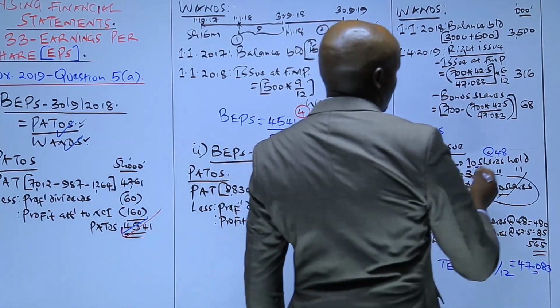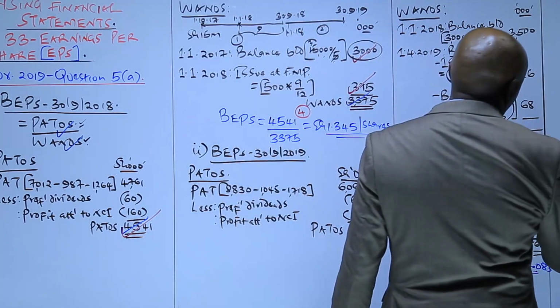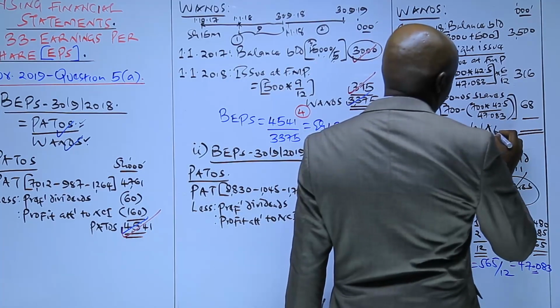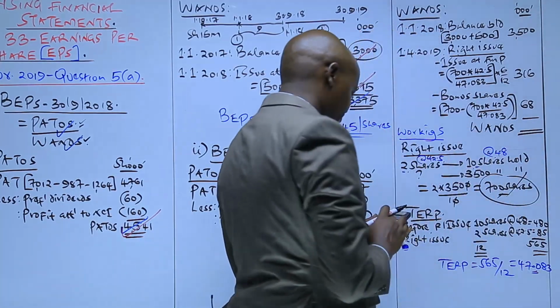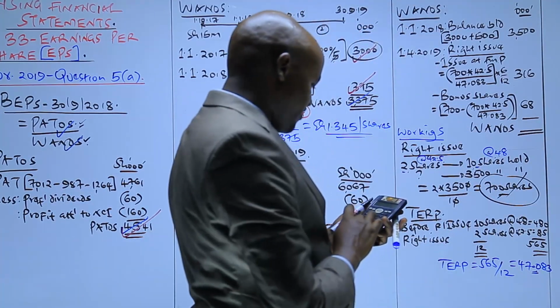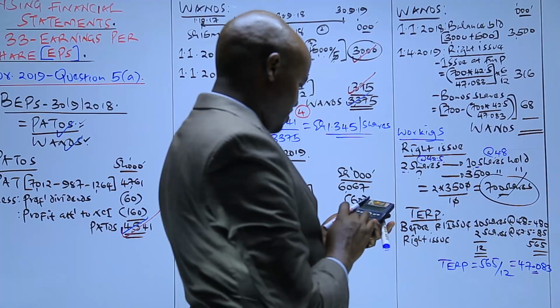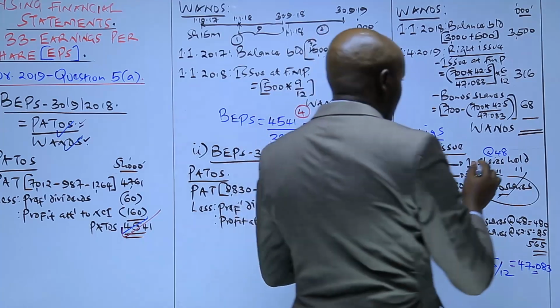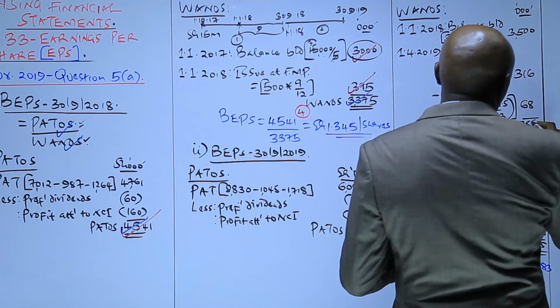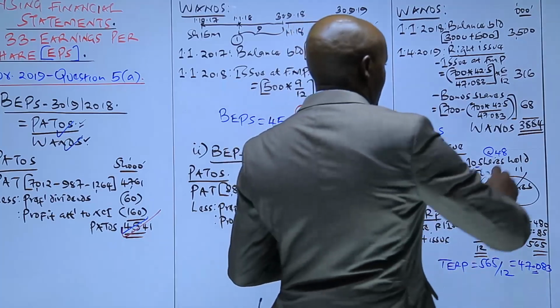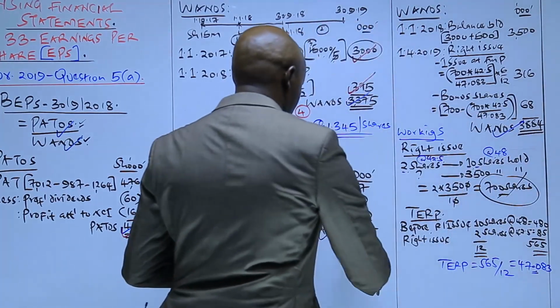Remember, these shares are not weighted on a time basis. Now we can get the weighted average number of ordinary shares by adding 35 plus 316 plus 68, which will give us 3884.